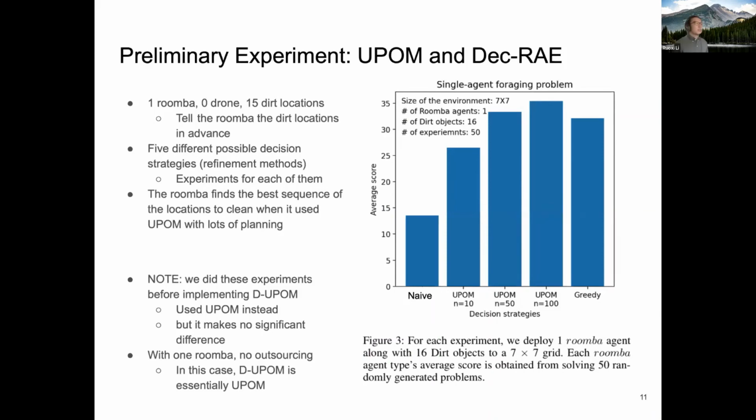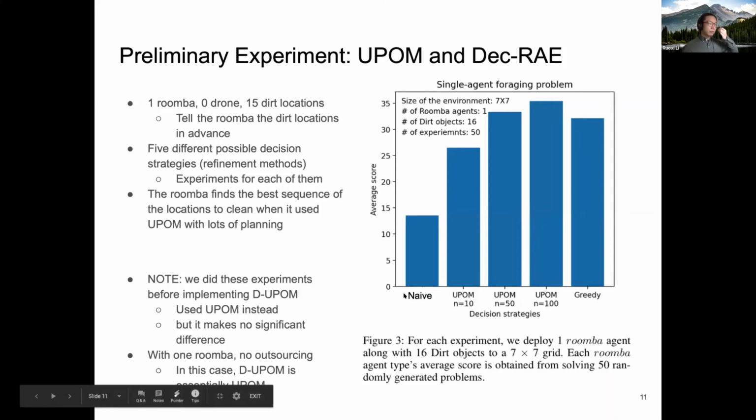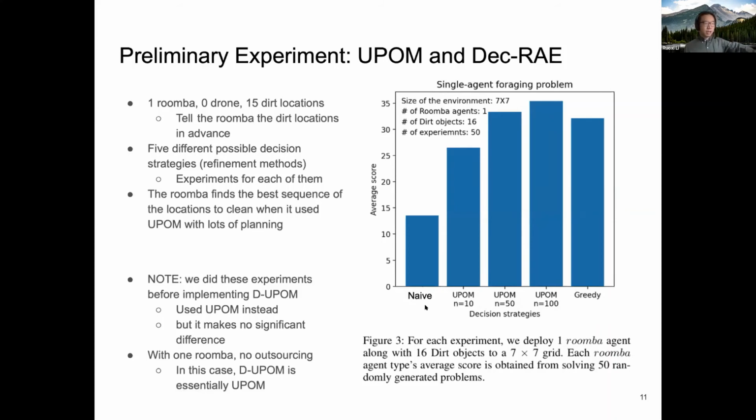Here's our first set of experiments, and each experiment has only one robot, one Roomba, and 15 dirt locations. We tell the Roomba where they are, and there are 5 different Roomba decision strategies. Like they use different methods that I just showed you.